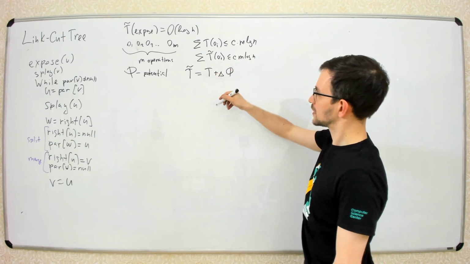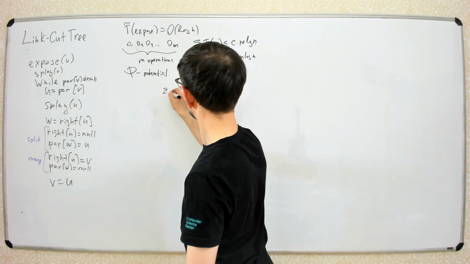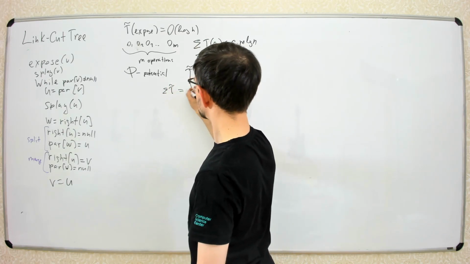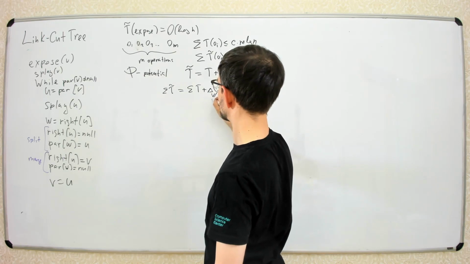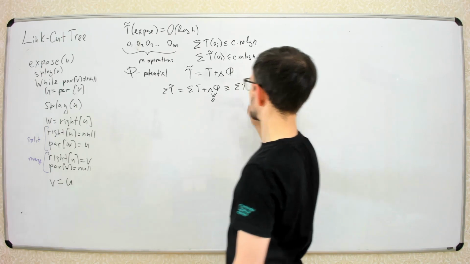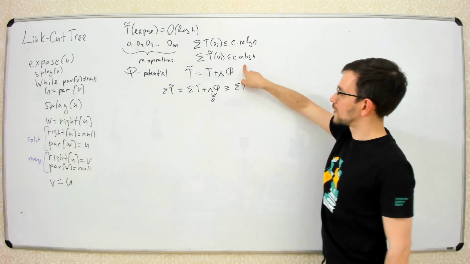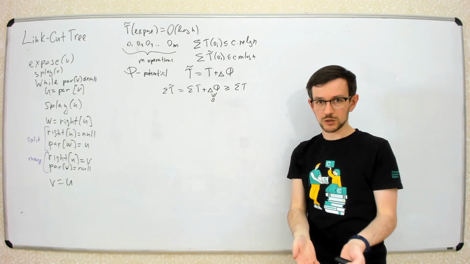And this total amortized time is total time plus change of potential. So this is greater than 0, so it's greater or equal than the total time. So we will introduce some potential function.